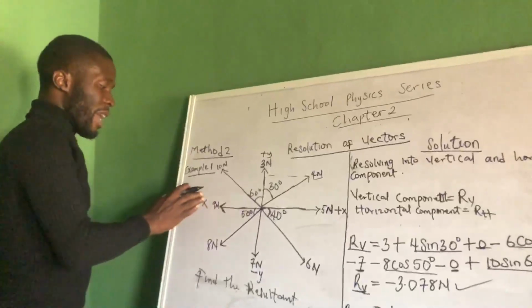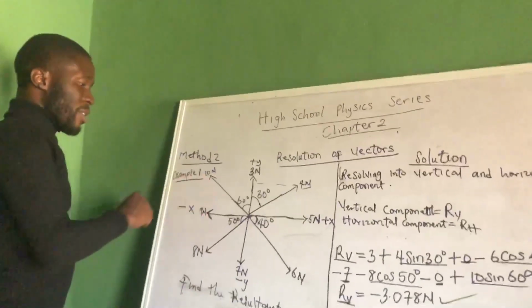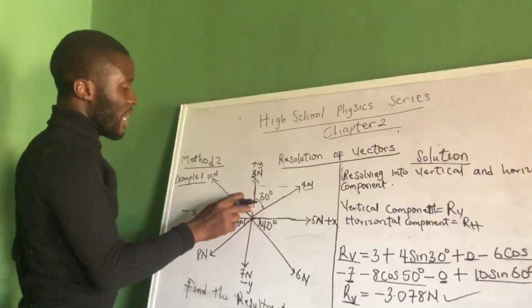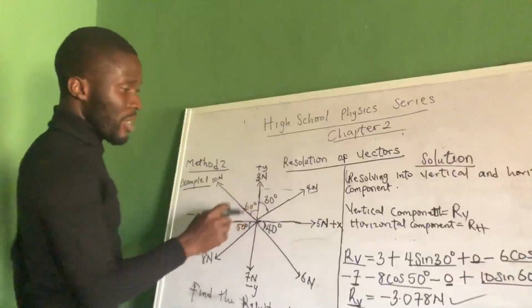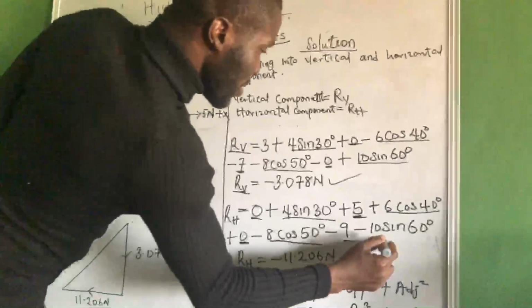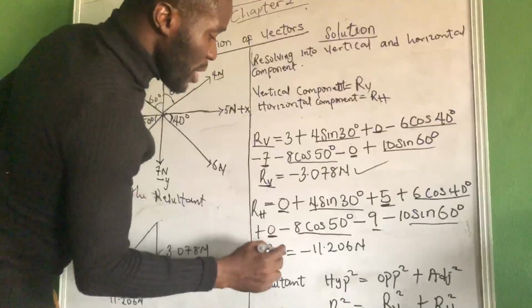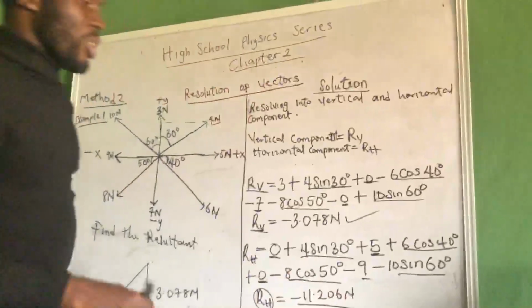We are still in the negative x-axis, the negative segment of the horizontal component. And 60 is inclined to the vertical. So instead of cos, now it will be 10 sine 60. If we add all that together for the horizontal component of resultant, we have minus 11.206 Newton as answer.